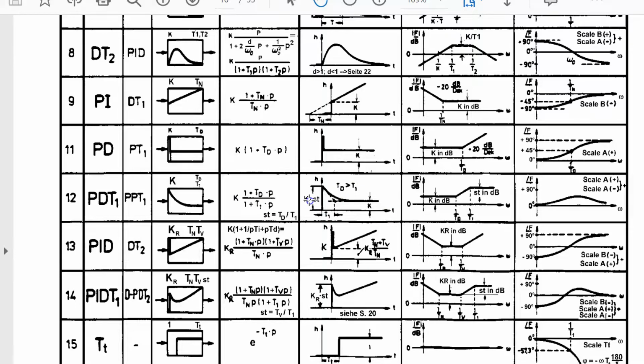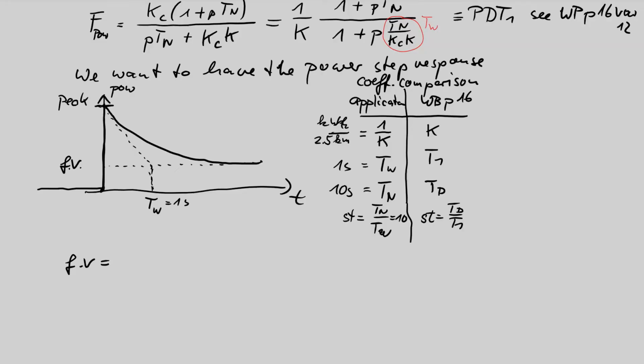This was 50 kilometers per hour. So the final value is 1 over k, which is 1 divided by 2.5 kilometer times the numerator kilowatt hour, multiplied with the amplitude 50 kilometers per hour.